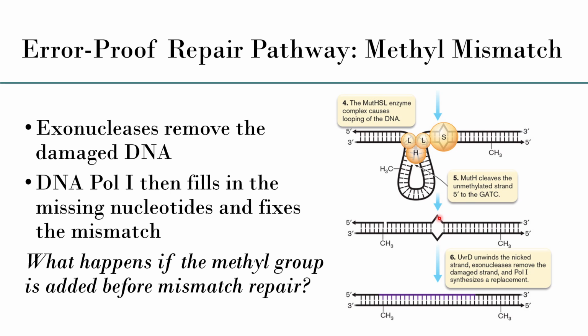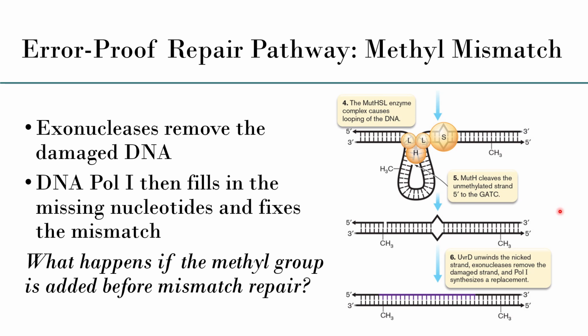Now, the exonuclease activity is going to remove the damaged DNA, and then DNA polymerase 1 comes in and fills in the gap. So it's going to remove DNA past the mismatch and create a gap here in our new strand of DNA that has to be filled in by DNA polymerase 1.